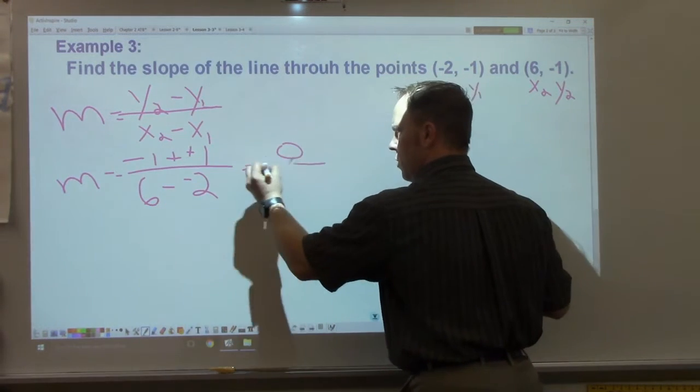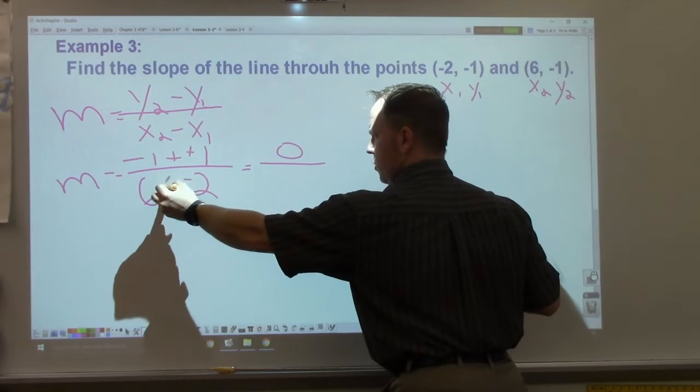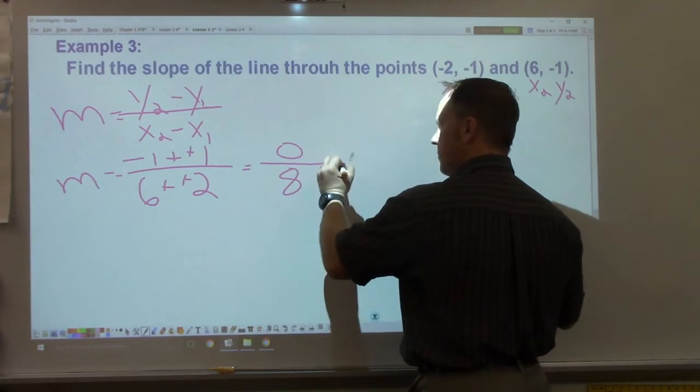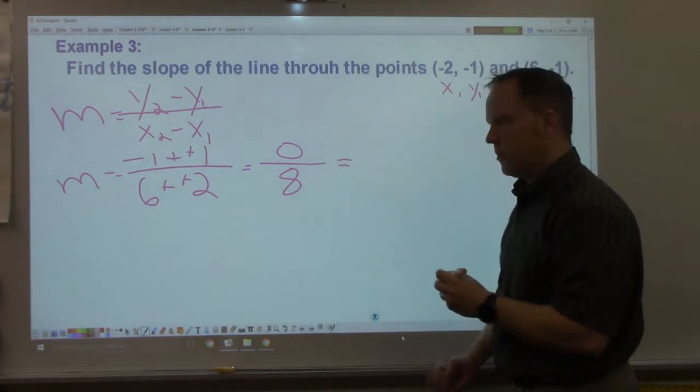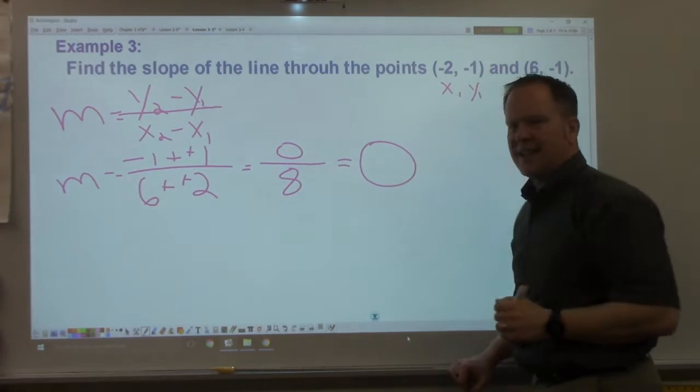That is 0 over 6 minus -2, 8. 0 divided by 8 is 0. This is a 0 slope.